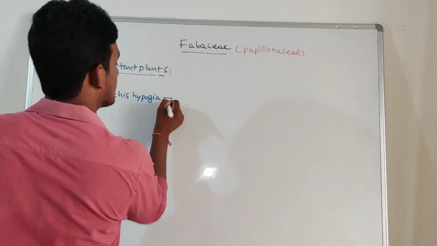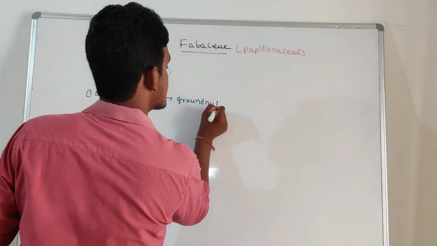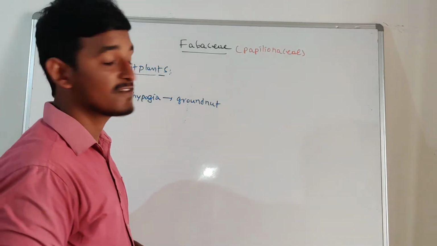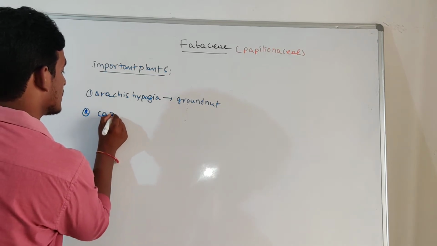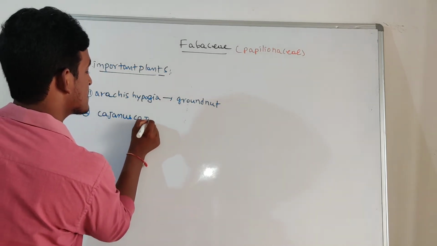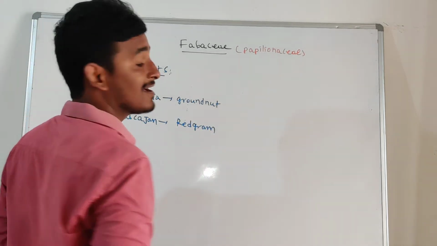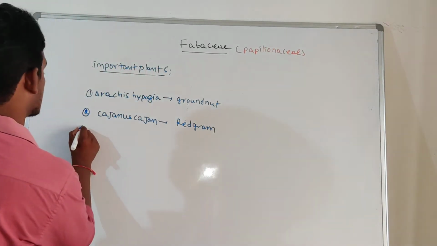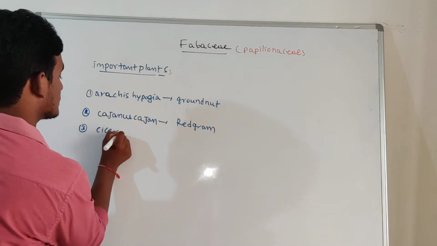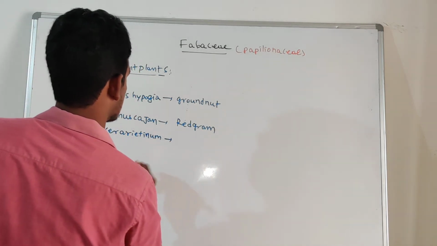Next one, Cajanus cajan, red gram. Cicer arietinum, chana.